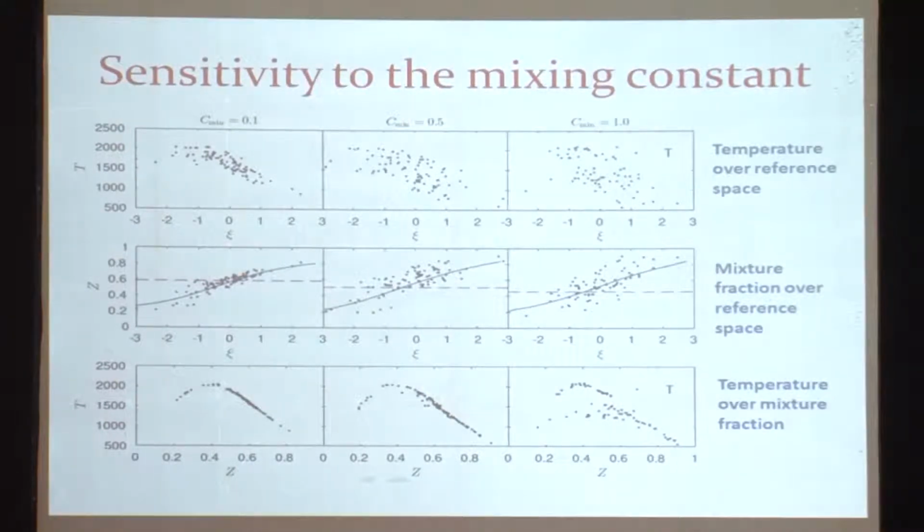So 0.1 gives very little scatter, and if you increase that, it gives more and more scatter. Similarly, in the second row we have the mixture fraction over reference space. Again you can see a higher amount of scatter if you increase the mixing, and that is actually obvious from our mixing model.